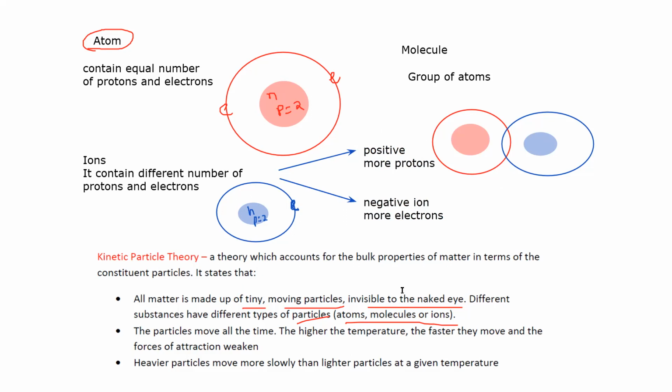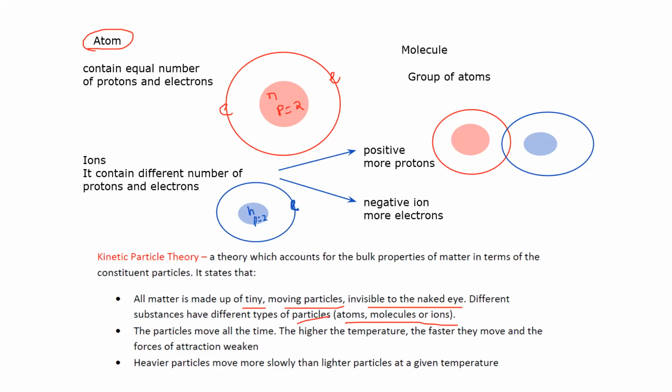Then the heavier particles will move slower compared to the lighter particles at the same temperature. So when you compare the particles and their masses, if the temperature is the same, then identical particles will move with the same speed.